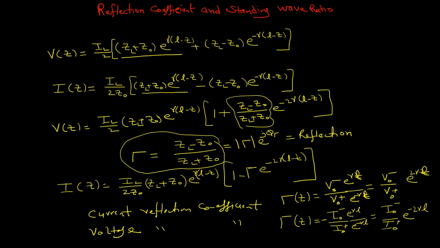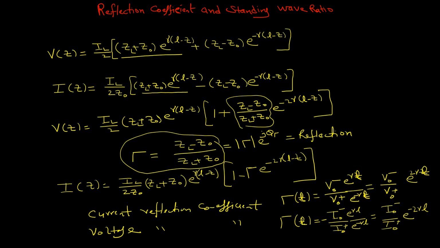The current reflection coefficient at any point on the line is the negative of the voltage reflection coefficient at that point. This is true for all values, whether you write gamma z or gamma L. If you write z here, you write z there; if you write L here, you write L there.